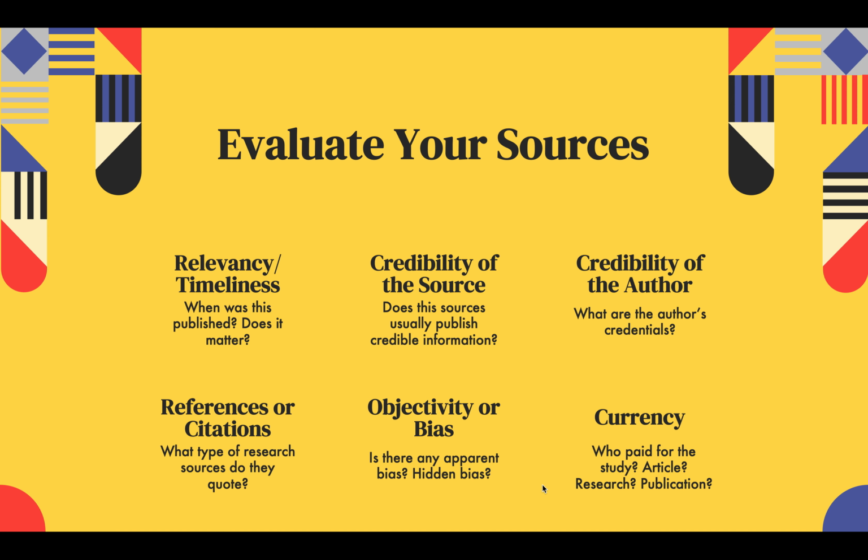So it's really going to depend on the topic that you're looking at. If you're looking at technology, science, medicine, a lot of times you want something very, very recent. Whereas if you're looking at something like art or history or literature, it maybe doesn't matter as much how old the source is.